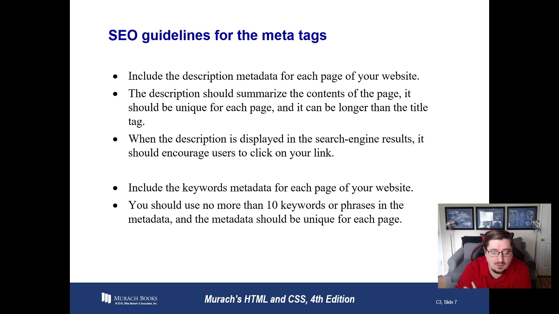Okay. The keywords: the general recommendation has been to include the keyword metadata on every page. You shouldn't use more than 10 keywords or phrases in your metadata. And generally speaking, those keywords should be unique for each page.